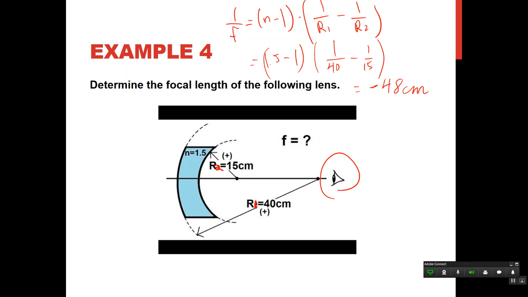Let's say this is half of a biconvex lens, right? So this part's convex, it's converging. And when it's coming out, what kind of lens is it? Diverging or converging? Diverging. Okay, but now we need to figure out whether this is overall a converging or diverging lens. We said overall it's a diverging lens, that's why it's negative. But look at this.